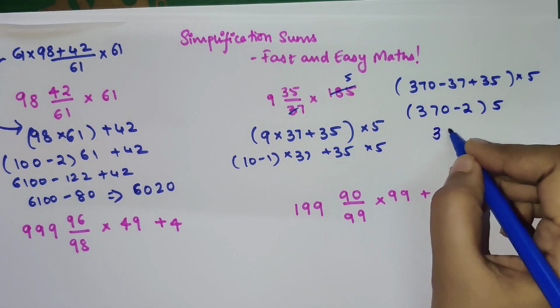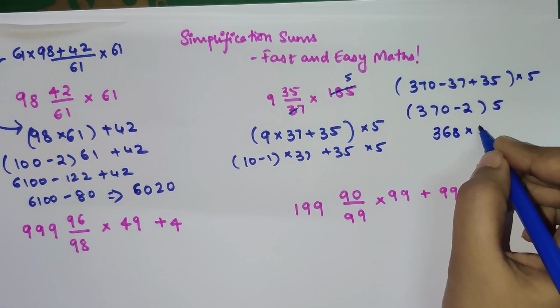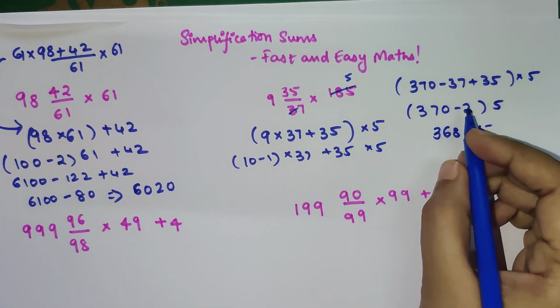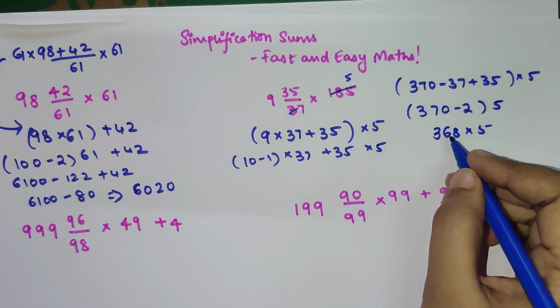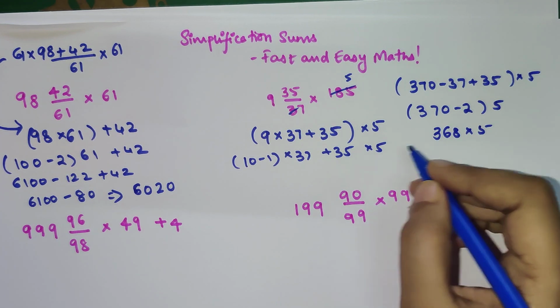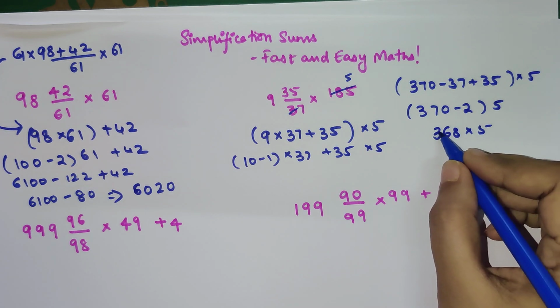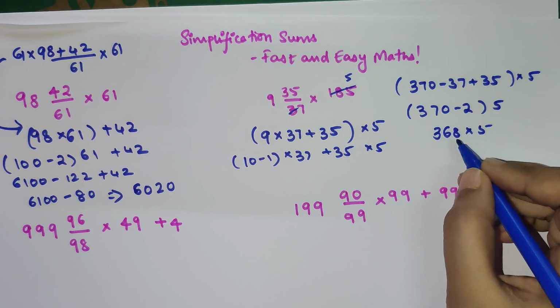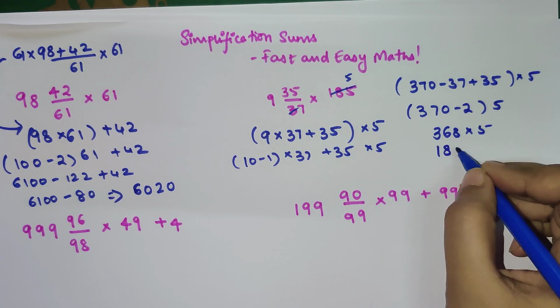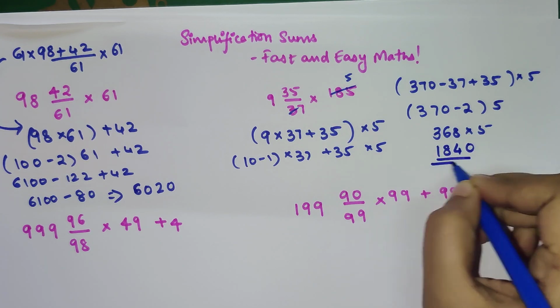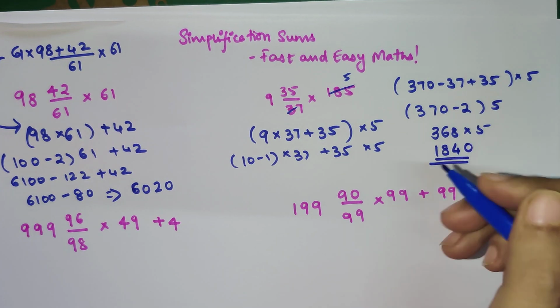So you will get 368 into 5. And whenever you're multiplying any number by 5, if it's an even number, you can directly divide it by 2. When you divide this by 2, you get 184 and you add a 0 to it. I made a short on this.